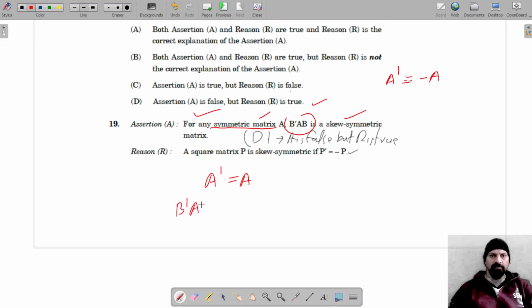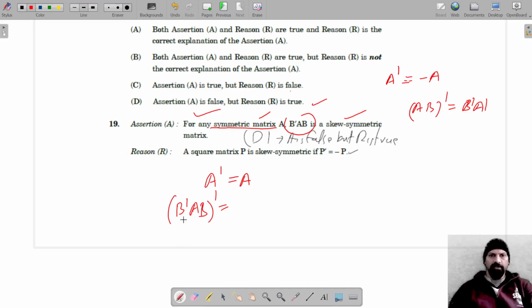So this is B transpose AB. Let's consider this as one unit. So this is B transpose AB, and let's find out the transpose of this. So this is B transpose AB, the whole transpose. And we know that AB, the whole transpose, is equal to B transpose A transpose.